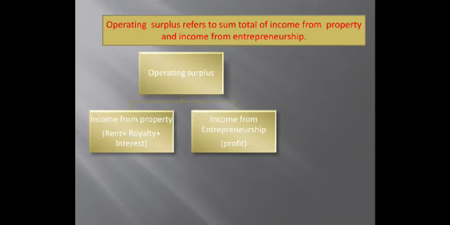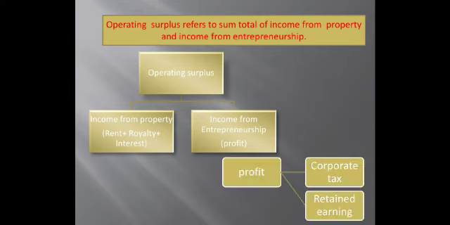Rent and royalty is the part of national income which arises from ownership of land and buildings. Interest refers to the amount received for lending funds to a production unit. Profit is the reward to the entrepreneur for his contribution to the production of goods and services. Students, profit includes corporate tax, retained earnings and dividend.